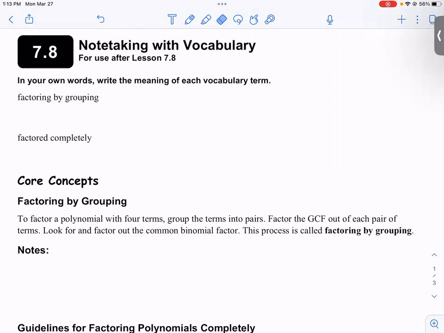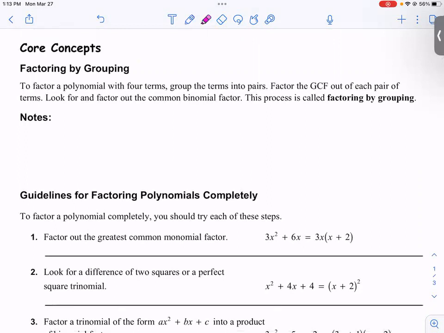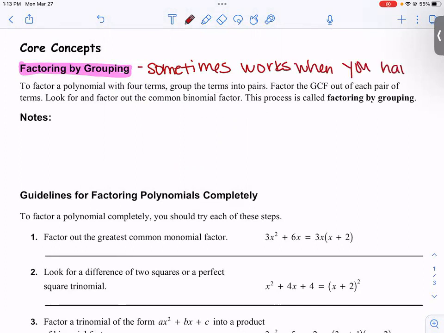Okay, so we're going to talk about what's called factoring by grouping. This is something that is going to help us when we have 4 terms.